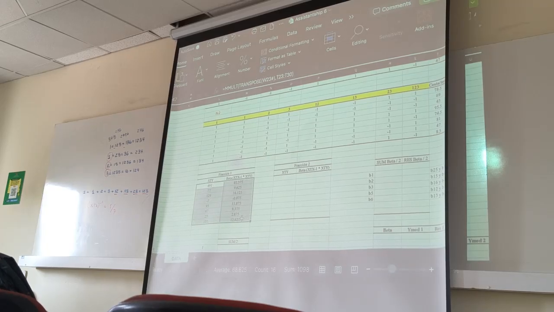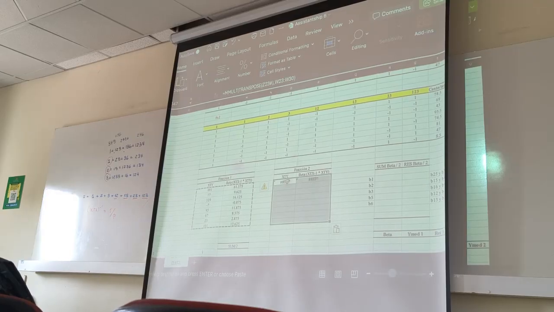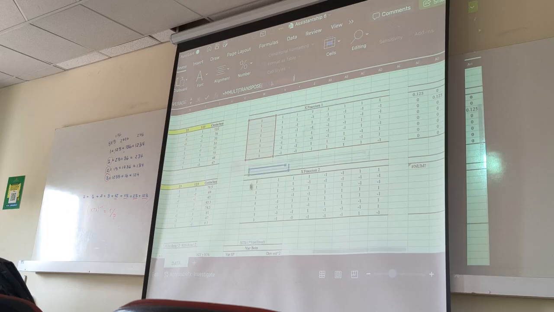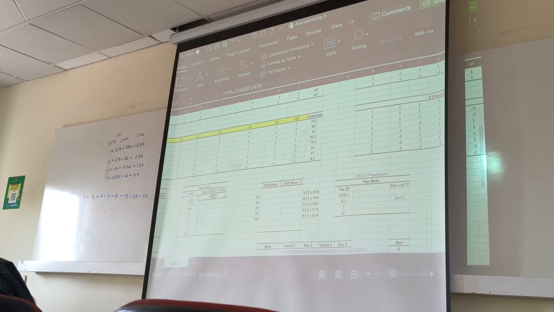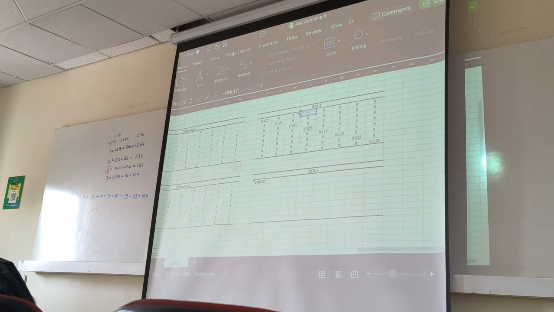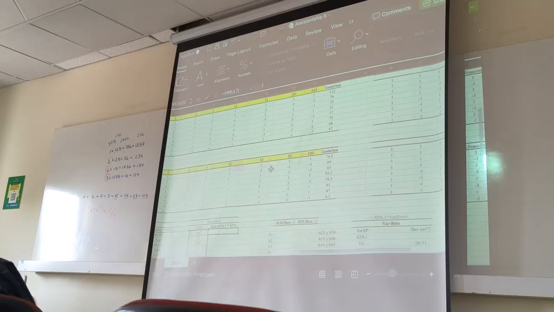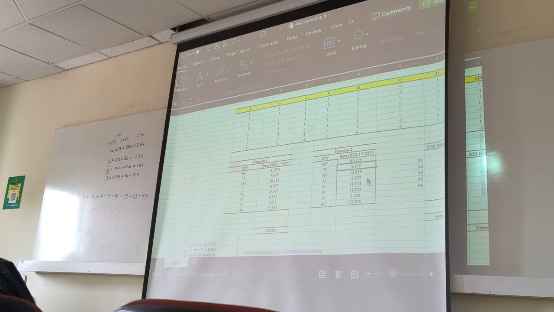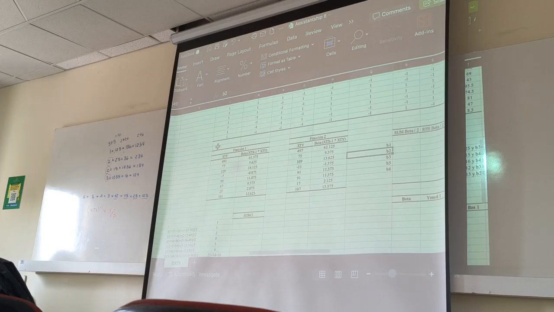So we have to make the same for the other part. And here it will be this one and this one. So, here we have the parameter for the fraction 1 and the fraction 2.